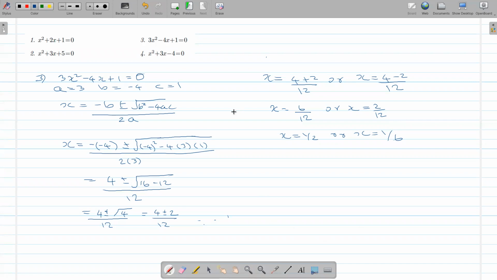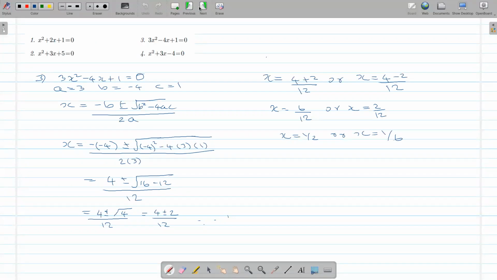Then I'll go for the next one. X squared plus 3x minus 4 equals 0.